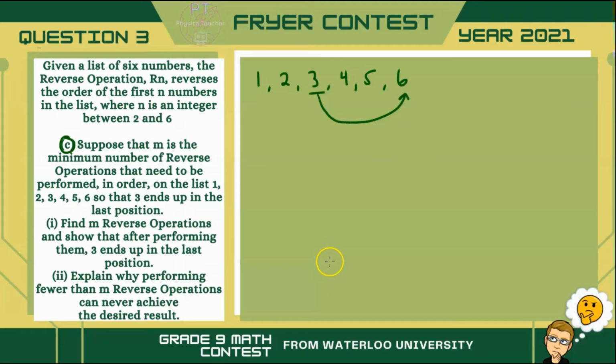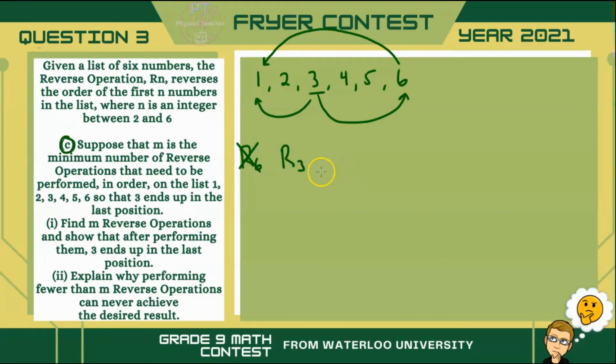A couple of things we're going to need to think about: how do we get that last digit to ever move? The only way it will ever move is if we do an R6 operation, in which case the 6 will switch out with the first digit. So we need to get that 3 into that first position. We're going to start by doing an R3 operation.